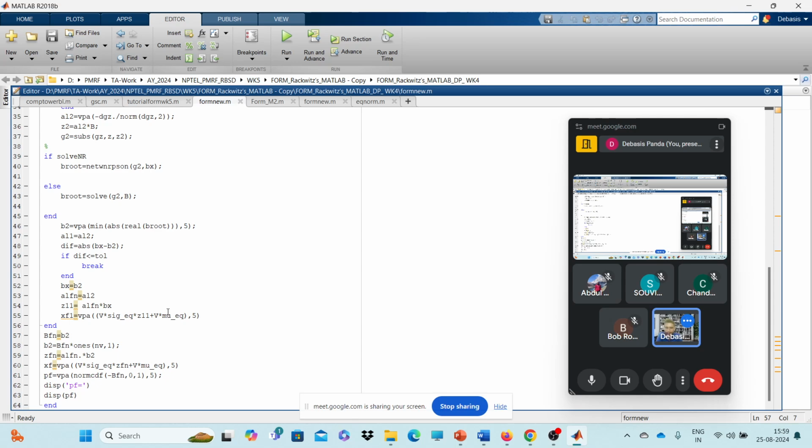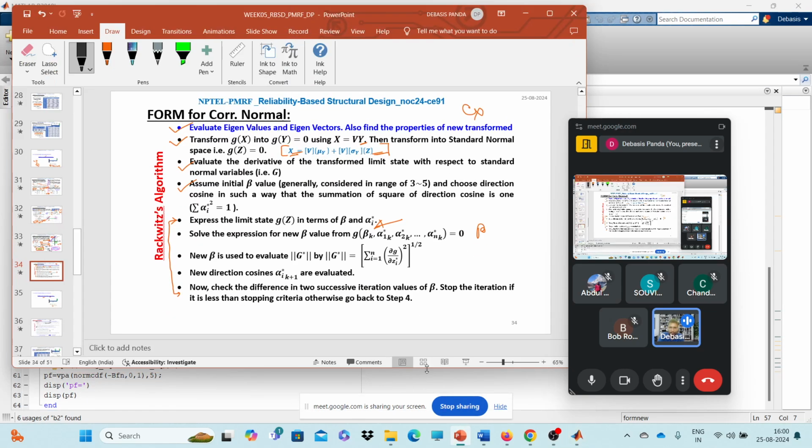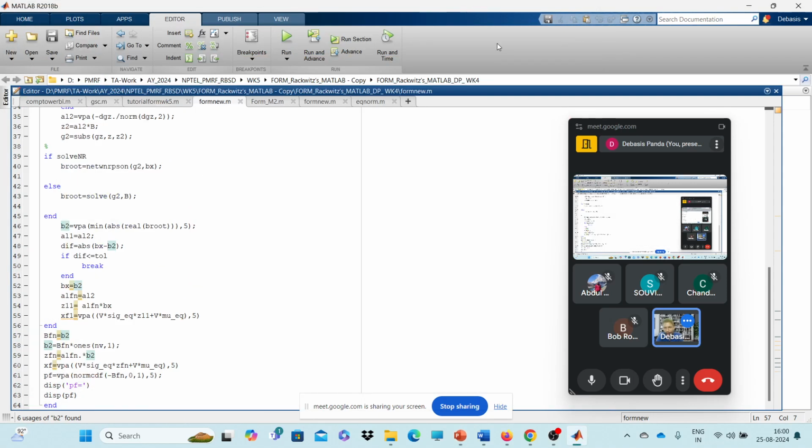It's nothing but the inverse conversion, like v times sigma equivalent times z plus v times mu equivalent, the reverse conversion from z back to x. Now it will print your beta, your z value, and the probability of failure. So this is how this function file will work.